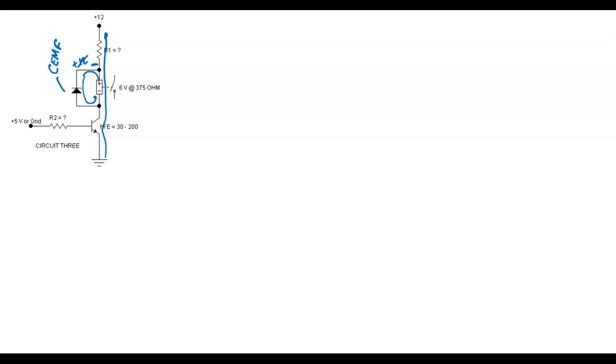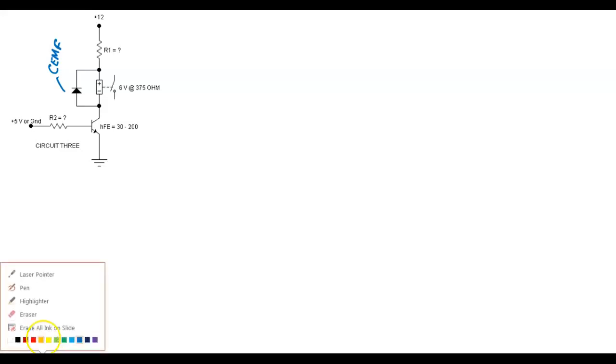So here we're given two things. I need to calculate my saturated current. This guy needs 6 volts at 750 ohms. Relays are usually rated in ohms.